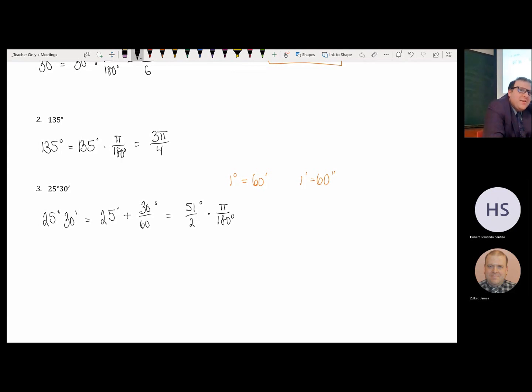Yeah, 1 degree is 60 arc minutes, which means 1 arc minute is 1/60th of a degree. So that is 51 over 360. Both 51 and 360 are divisible by 3.